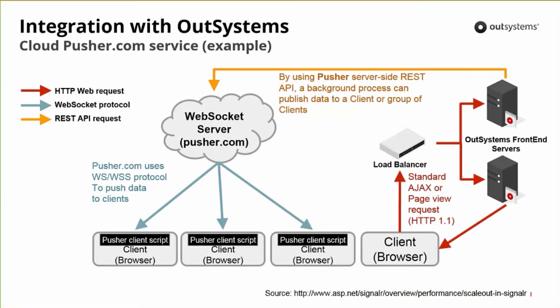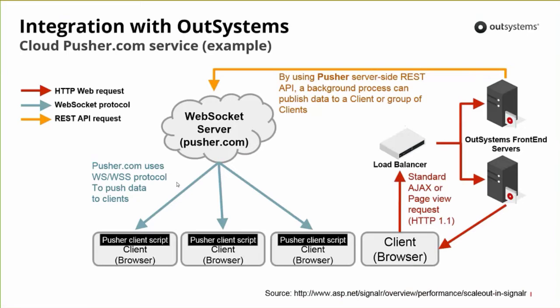And it's going to publish data to a client or a group of clients using the server-side Pusher.com API. This sort of functionality opens an entire spectrum of integration possibilities.